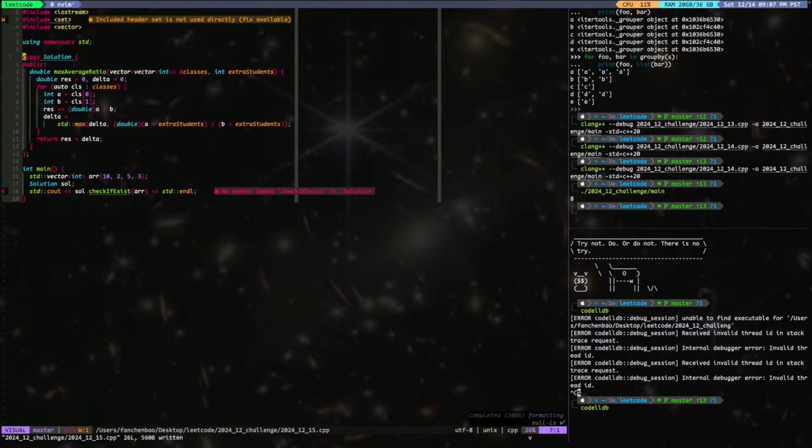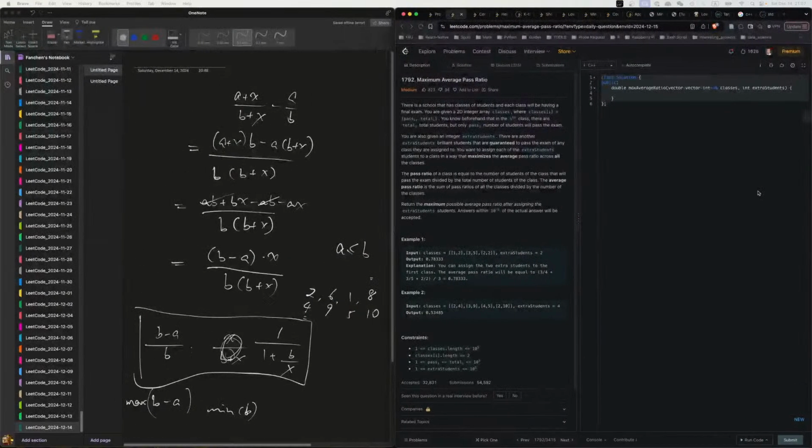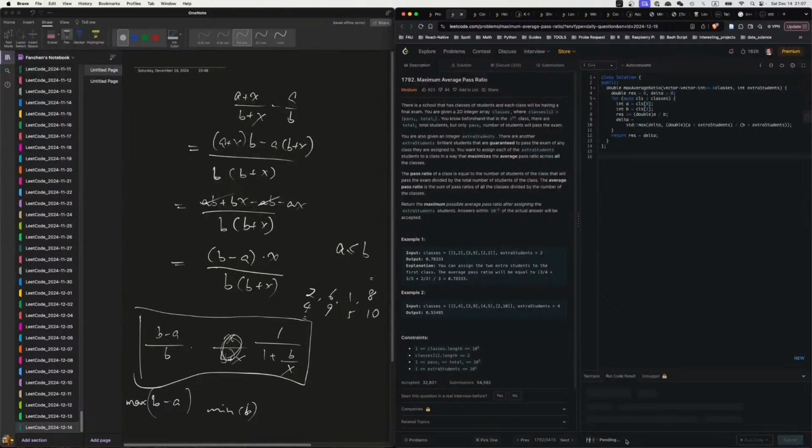Okay, let's make sure that this is correct. Then we can write some explanation. That is absolutely not correct, because I forgot to divide classes.size.